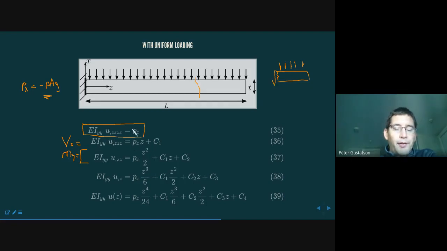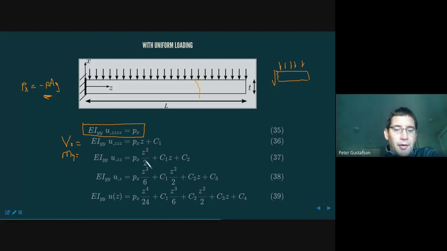So the fourth derivative equation is the distributed load. The third derivative equation is the resultant force. The second derivative equation happens to work out to be the moment, but that is something we'll encounter again later. So it's just a slight tangent to what we have been talking about so far.